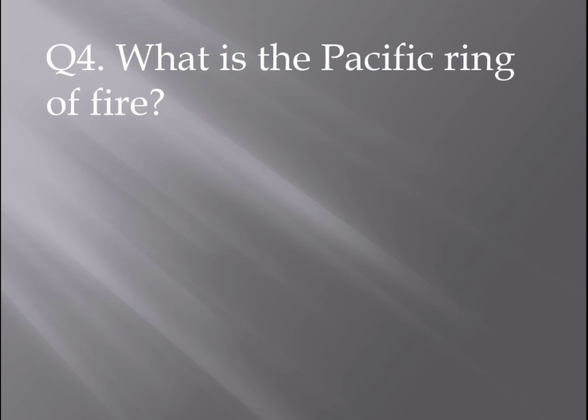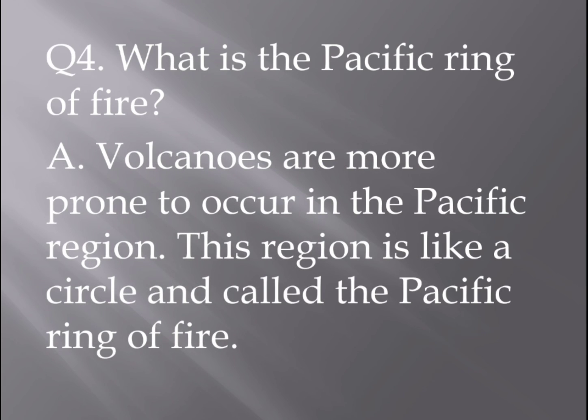Next question: what is the Pacific ring of fire? Just now we have seen the region which has active volcanoes. Volcanoes are more prone to occur in the Pacific region. So this region is like a circle, so it is called the Pacific ring of fire. Okay, so write these four answers in your classwork and please learn them, children.